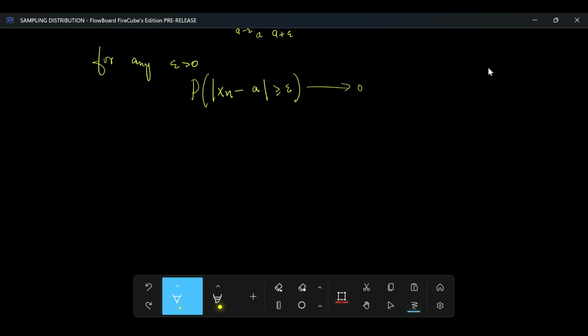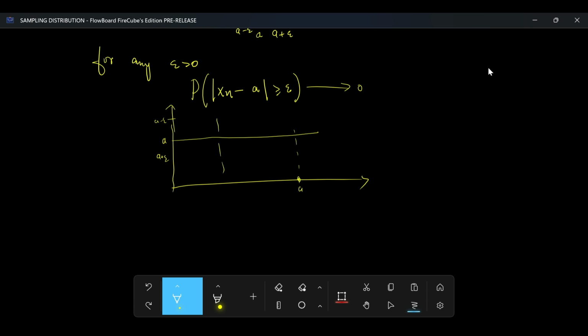To see what I mean, this is my a, this is a plus epsilon, this is a minus epsilon. On this axis we have y equal to a, y equal to a plus epsilon, y equal to a minus epsilon.